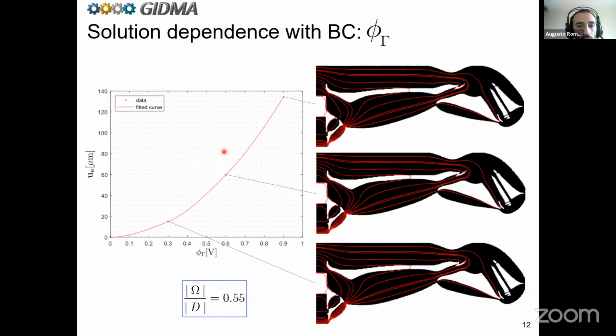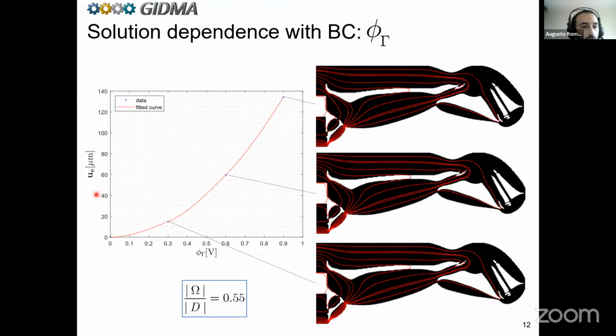Here we present three results for these three evaluation cases, considering 0.3, 0.6, and 0.9 volts on the applied voltage on this region. The black zones represent the topology of the compliant structure of the actuator, and the red lines represent the electric field lines along which the electrical current will flow.